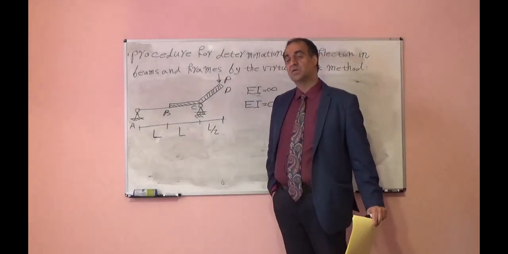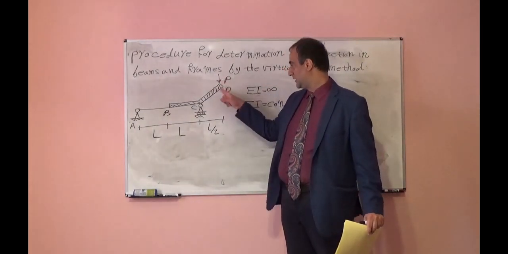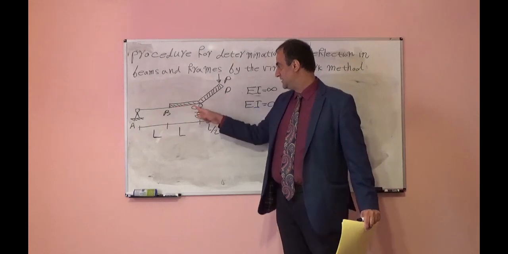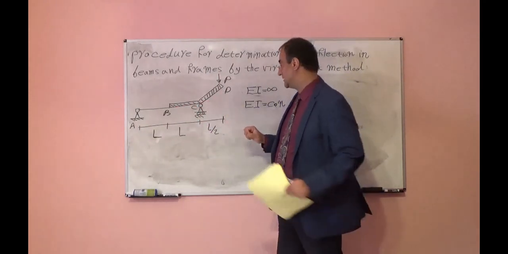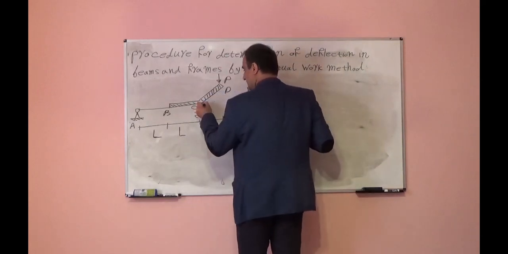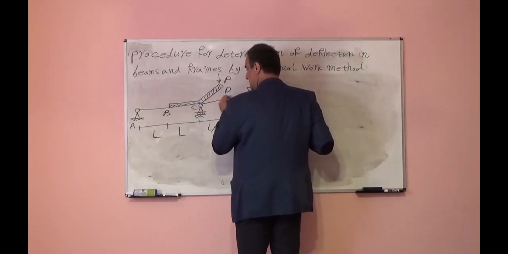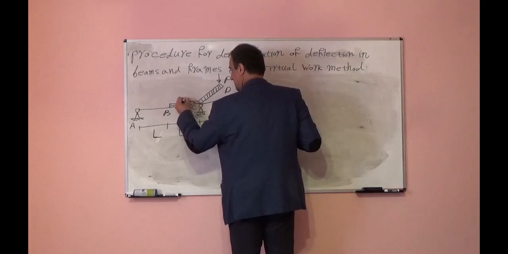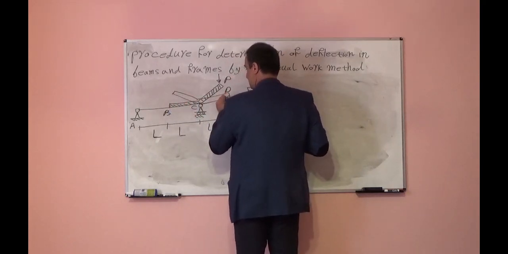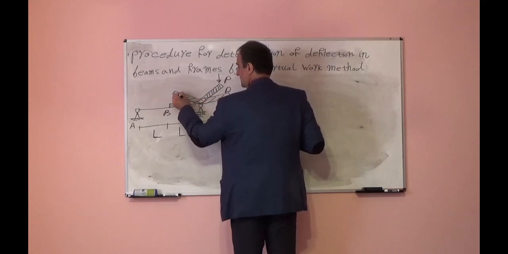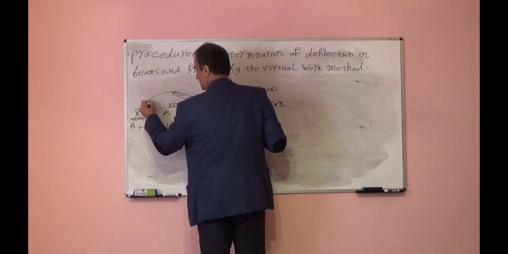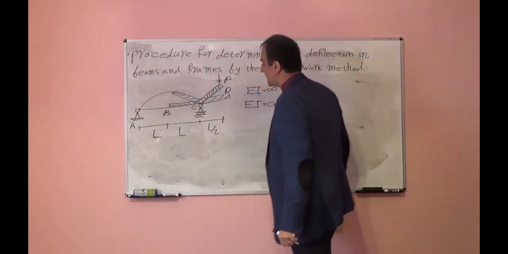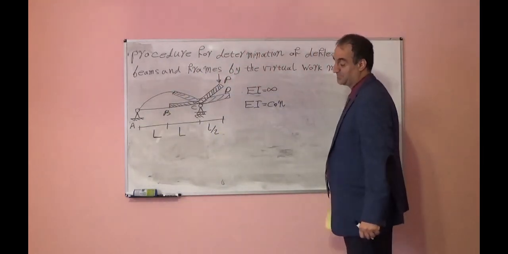Let's see how this system will deform. If we apply this P here, this BCD part will rotate with respect to C. So there is no deformation, it will only rotate like this. And we will have deformation for AB part, you see.